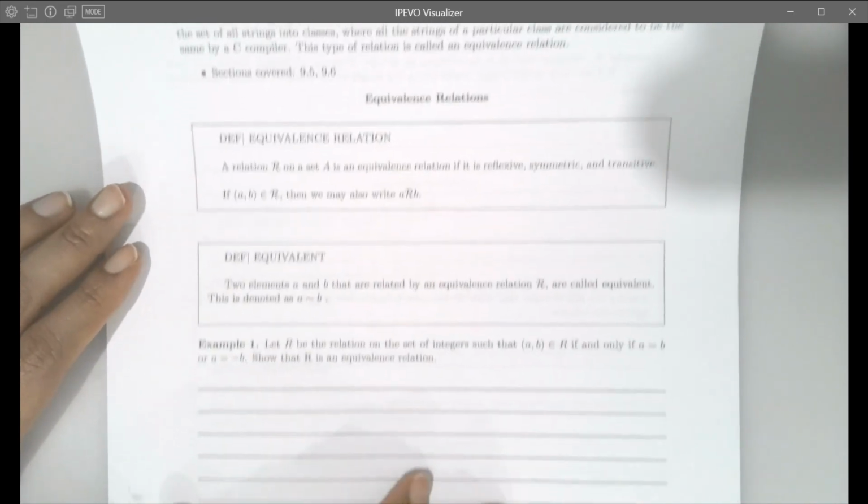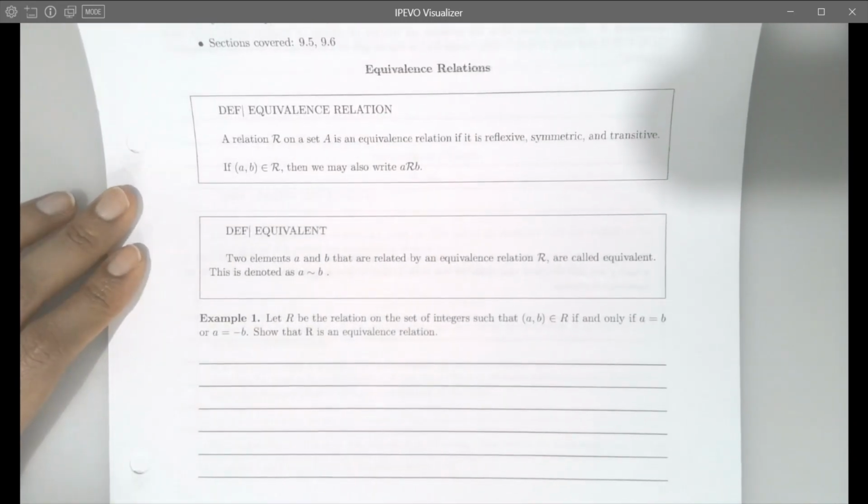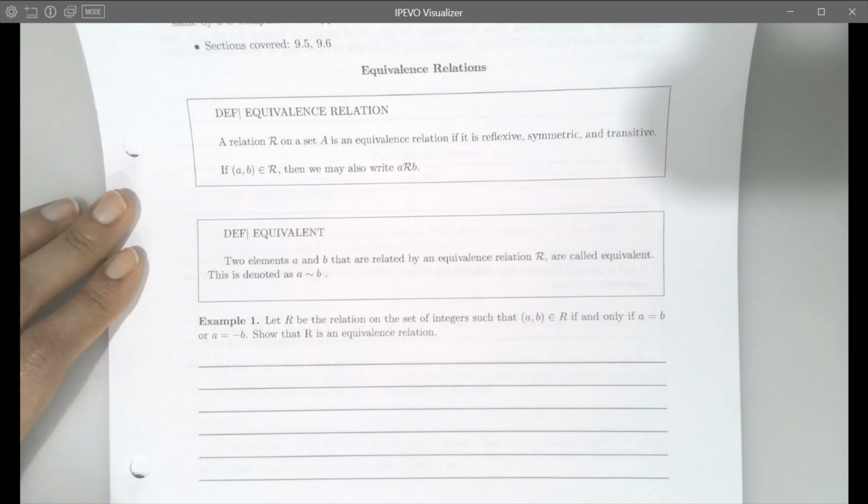And we say that two elements a and b are equivalent if they are related by an equivalence relation R.